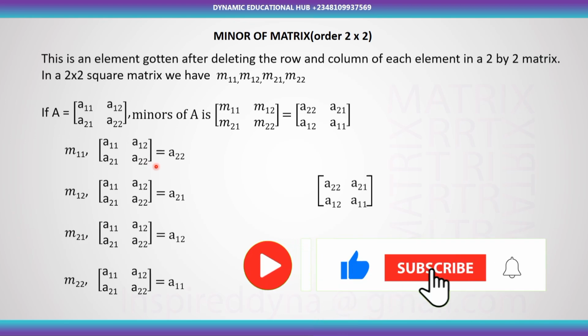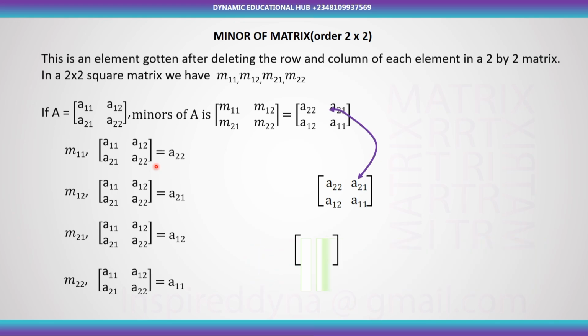You are done finding your minors. Let's say we have A, B, C, D, and we want to find the minor. To do that, you just swap the diagonal as shown. Swapping the diagonal as shown, we get our minors.